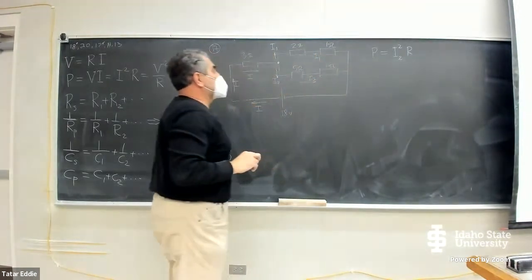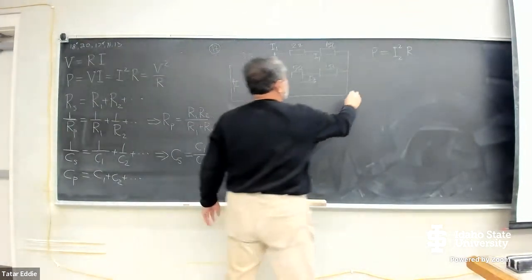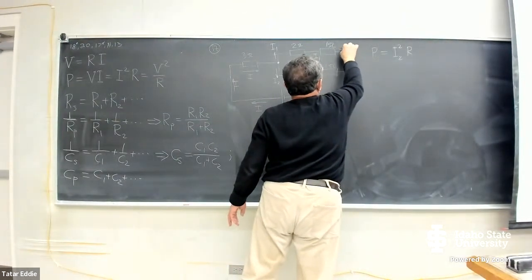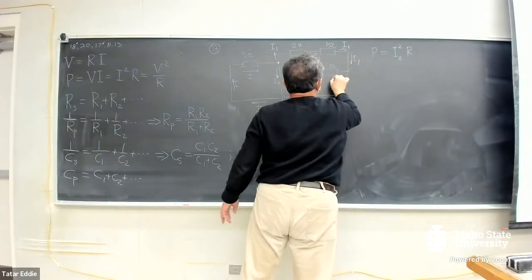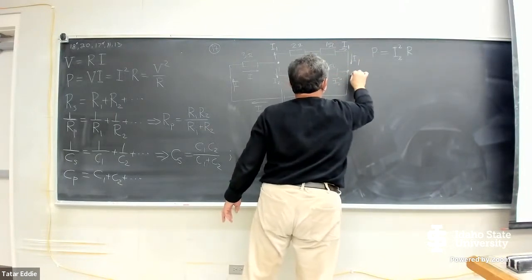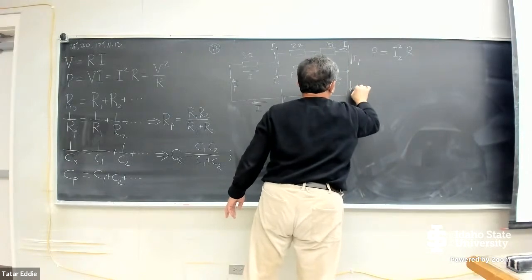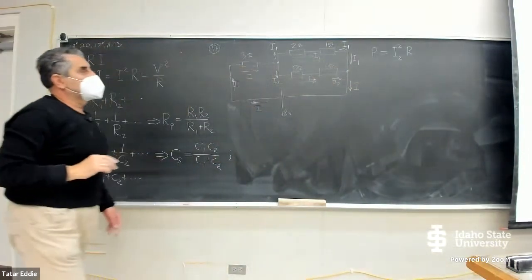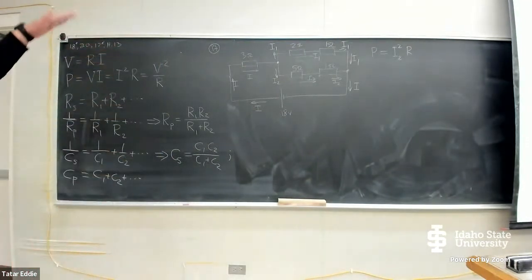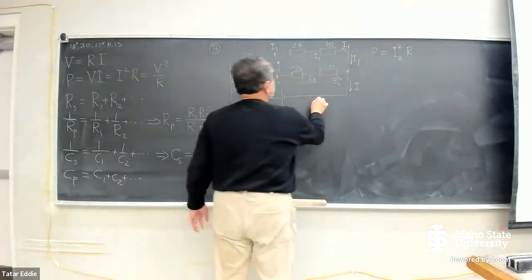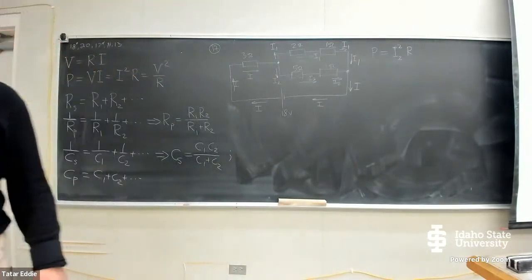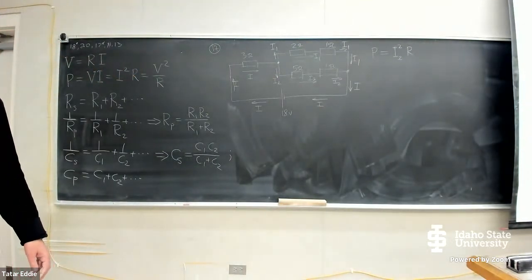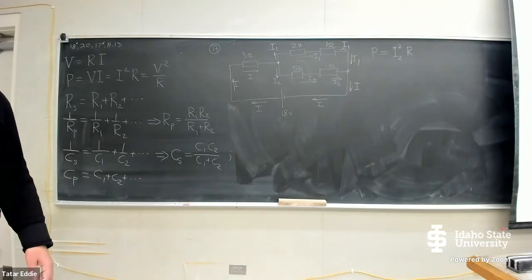In this branch, I have current I2. And when those two currents merge at the other junction point, they form the current I. I intentionally put multiple notations for the currents so you realize that in every branch the current is exactly the same. The electrons, the electric charges, don't get tired as they pass through a resistor.